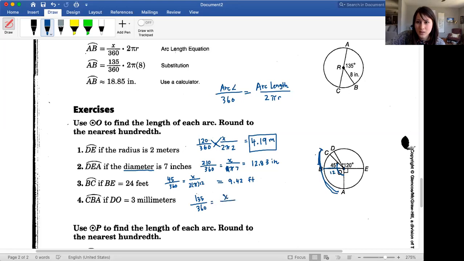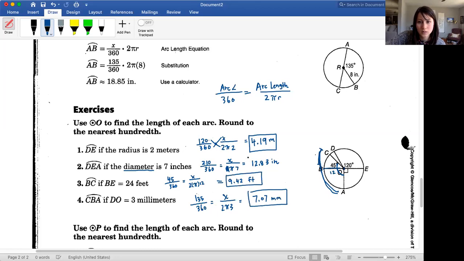DO is the radius, that's 3, so 2 times pi times 3. And so cross multiply, and then divide by 360. And the answer is 7.07 millimeters.